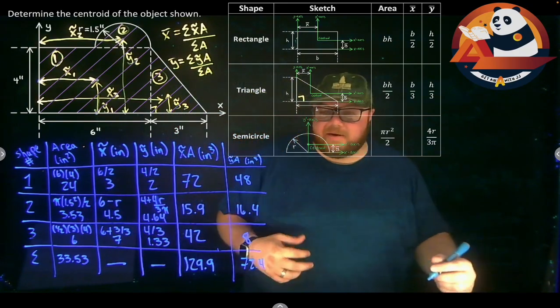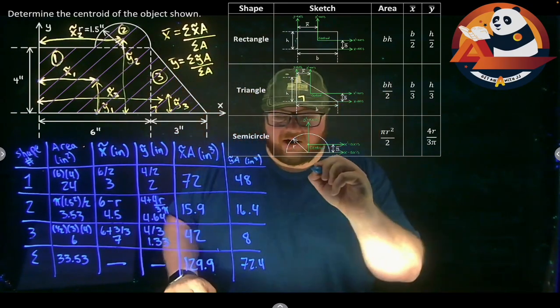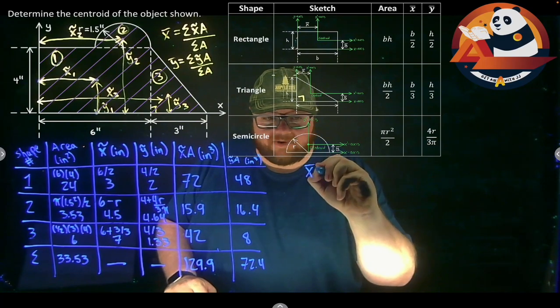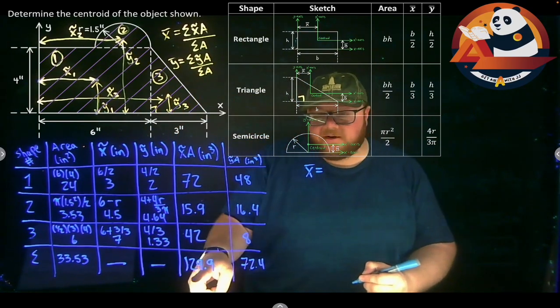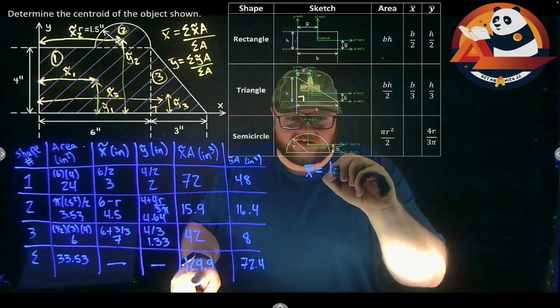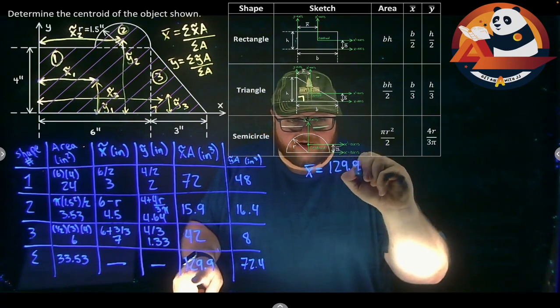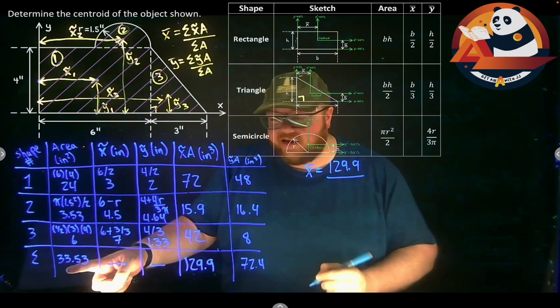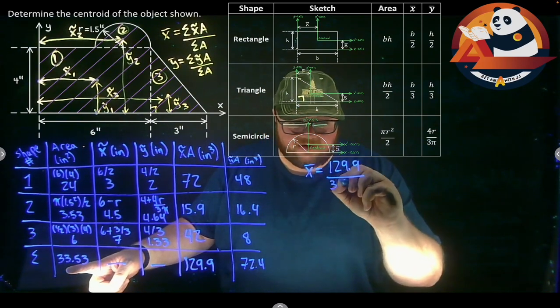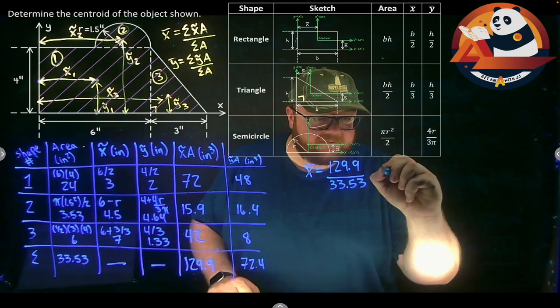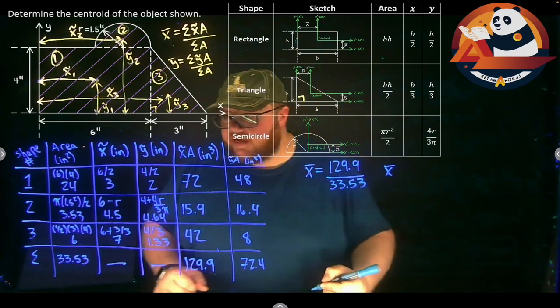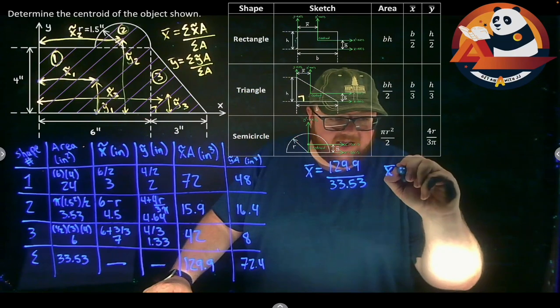Which really gets me everything I need to apply my centroid formulas. My last little piece in here, I can just say, well, my x bar should be the sum of my x tilde a, which if we set up our table, this is really easy to grab then. 129.9 divided by my total area, 33.53. Or that x bar is going to get us to 3.88 inches.